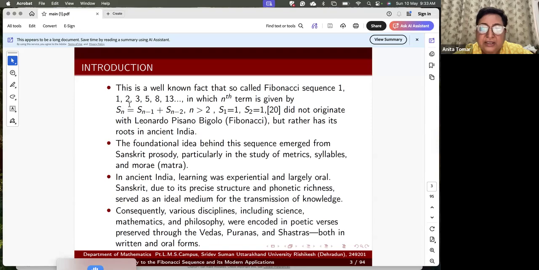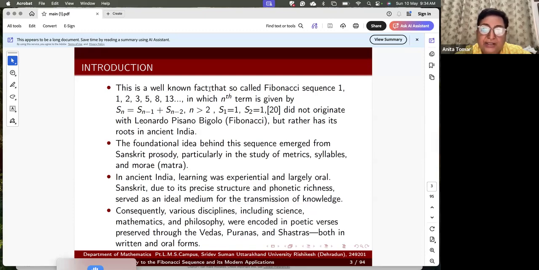The nth term is given by Sn = Sn-1 + Sn-2, where n is greater than 2, and S1 is 1 and S2 is also 1. This sequence did not originate with Leonardo Pisano Bigolo; Fibonacci was his nickname. This sequence originated in ancient India.